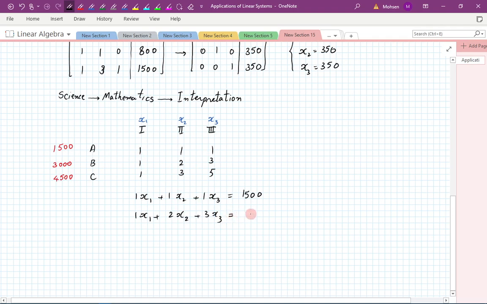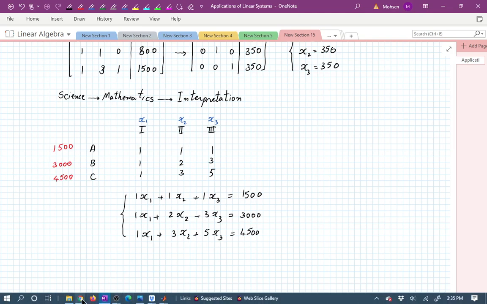Otherwise, of course, no mathematician is going to be caught alive writing 1x1. And then 1x1 plus 3x2 and then 5x3 is equal to our last number, 4,500. Okay, so we have again a linear system, and well, what do we do? Well, again, you of course just go solve it.